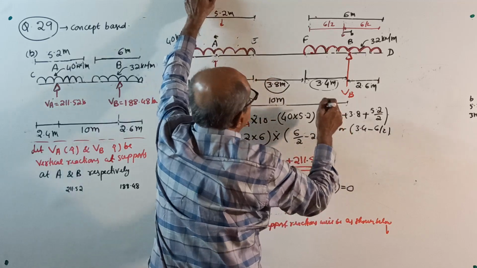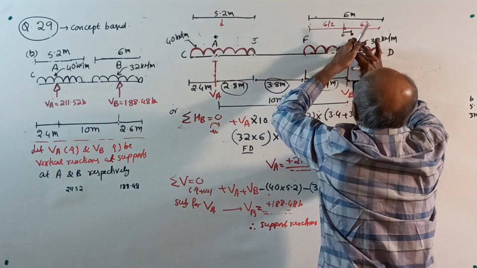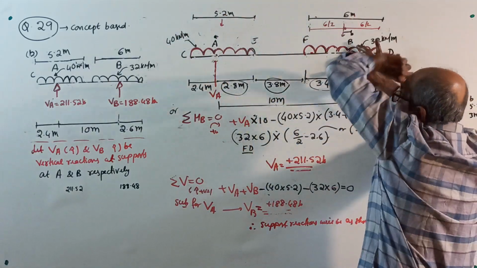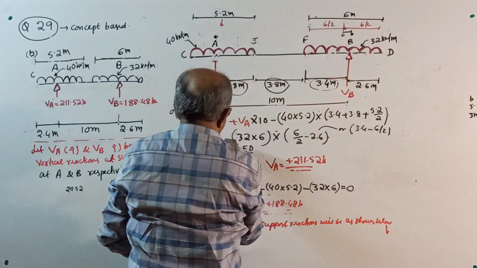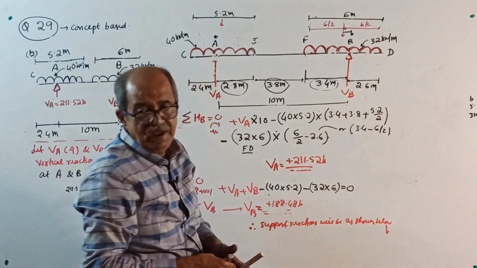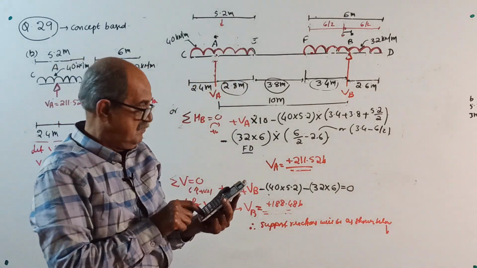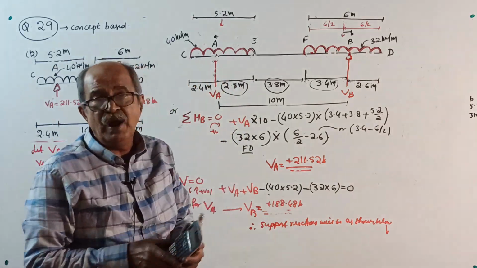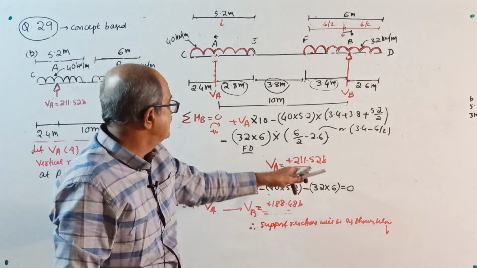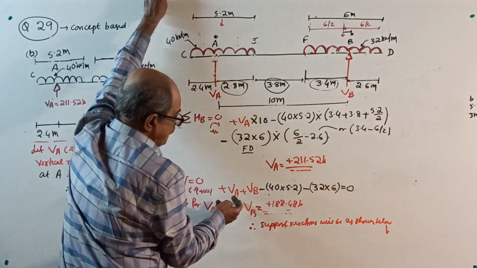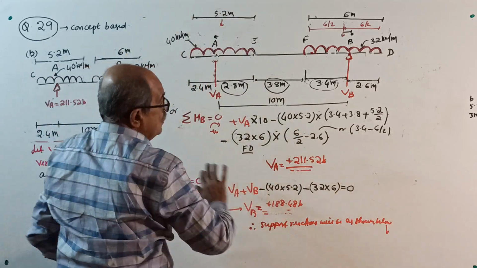Anything will do. But remember, since the entire load came this side, it will create an anti-clockwise moment, minus. Get the value of VA plus 211.52. Oh, same answer, 211.52. Sigma V equals 0, enter the answer, over.